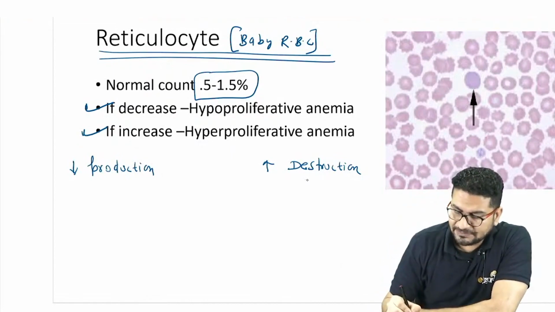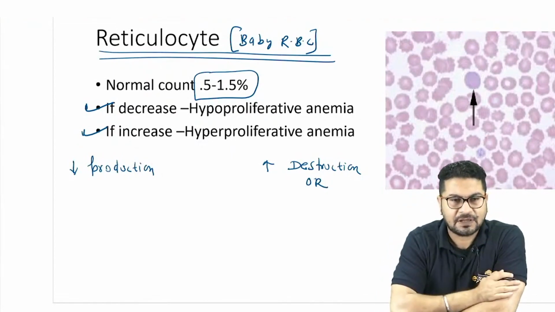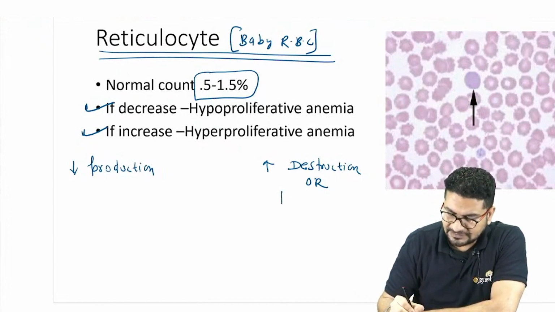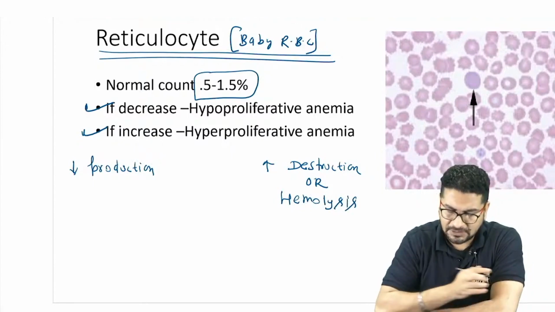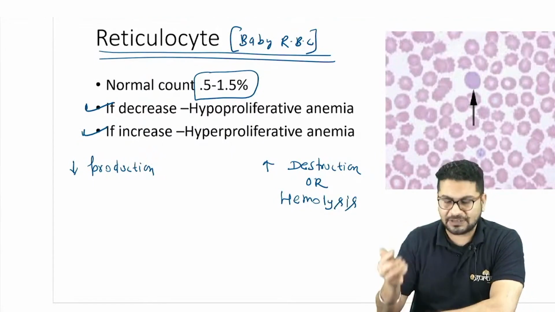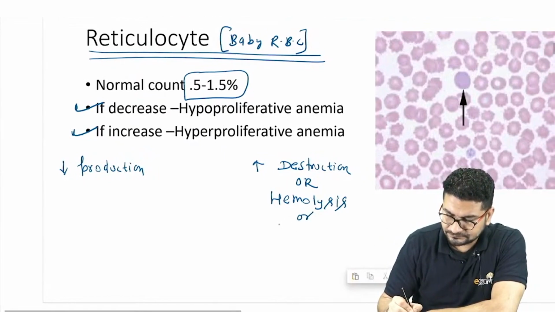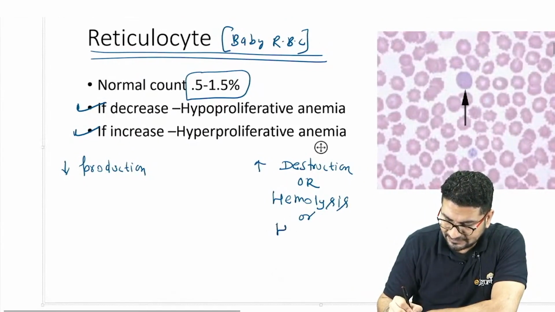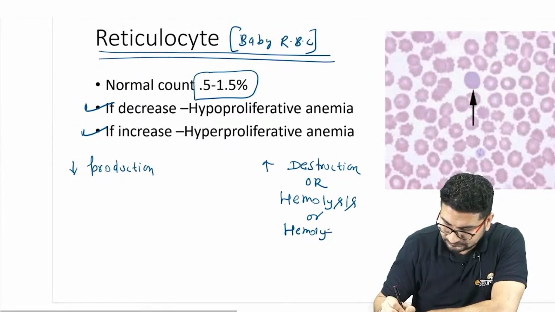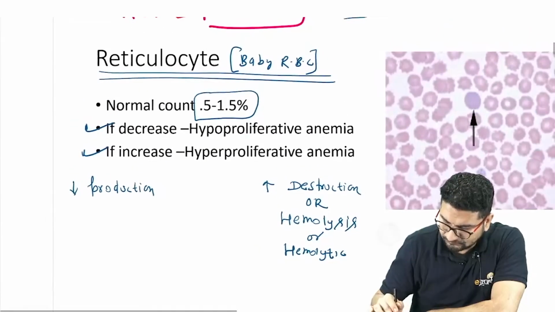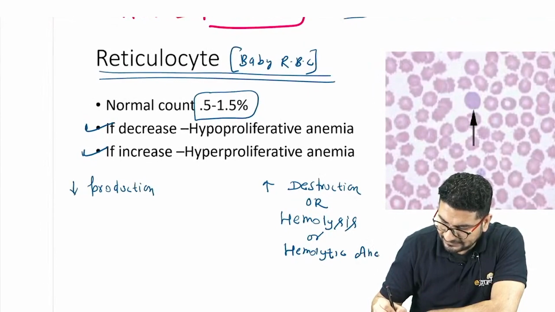Now RBC destruction is more. Destruction of RBC is called lysis, hemolysis. So this type of anemia is called hemolytic anemia.